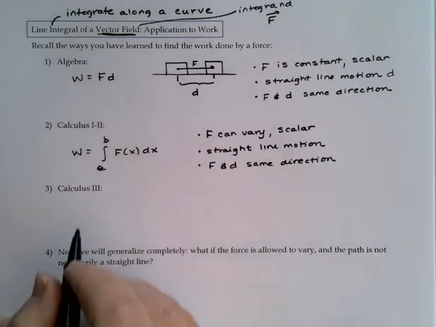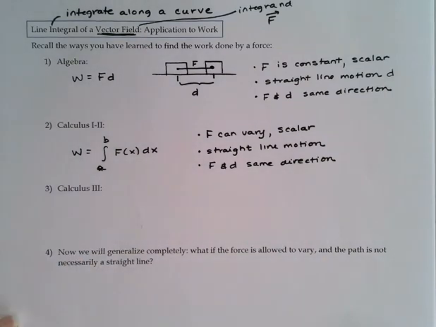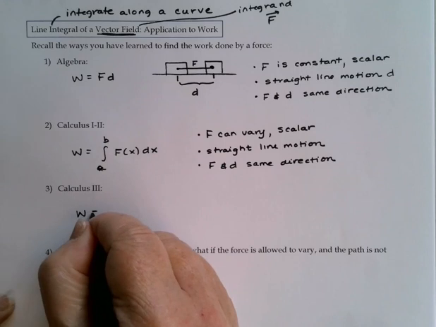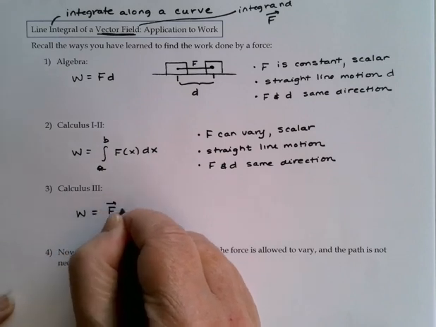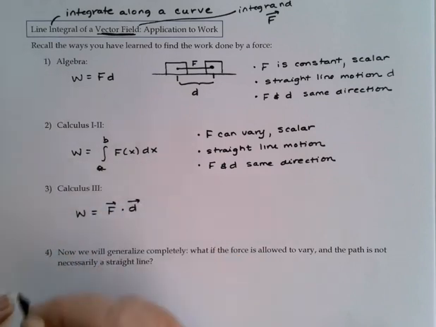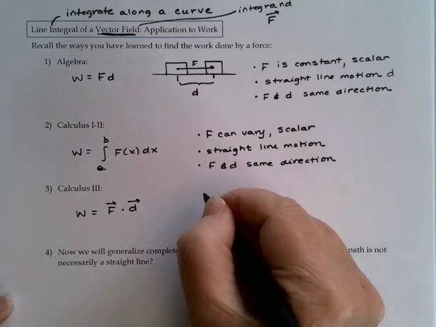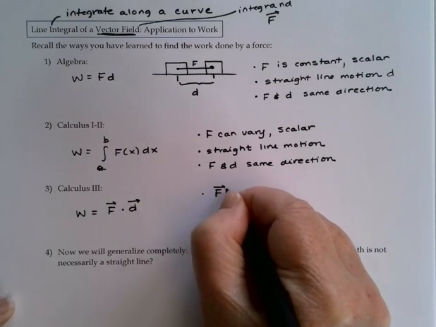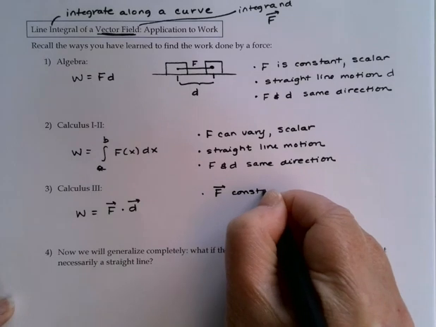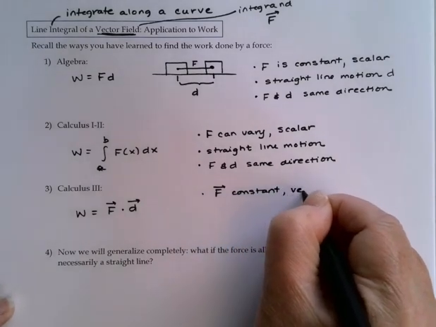All right. Finally, at the beginning of this semester, we were able to relax another restriction, right? We were able to relax the idea of F and D having to be in the same direction. We now defined our work to be the dot product of two vectors, F dot D. F was back to being constant, but now it was a vector.